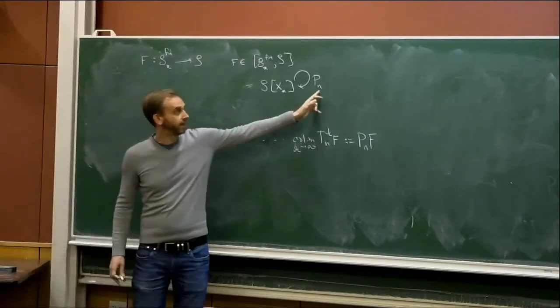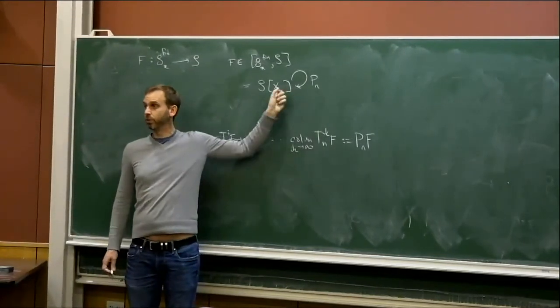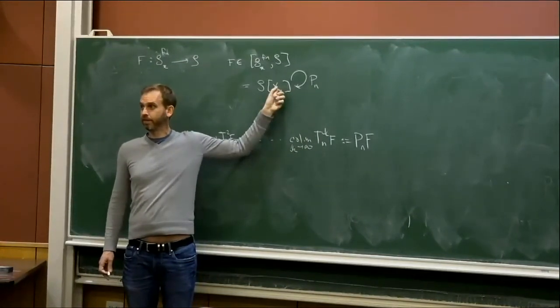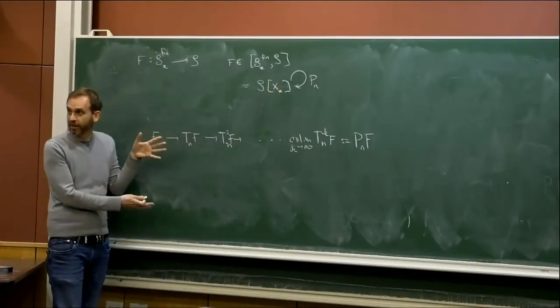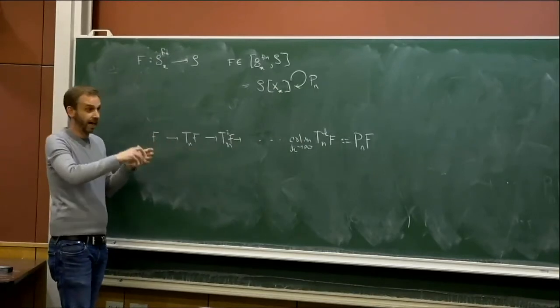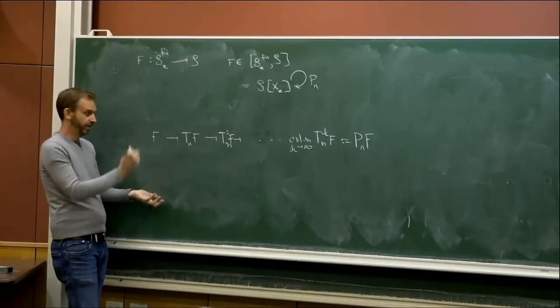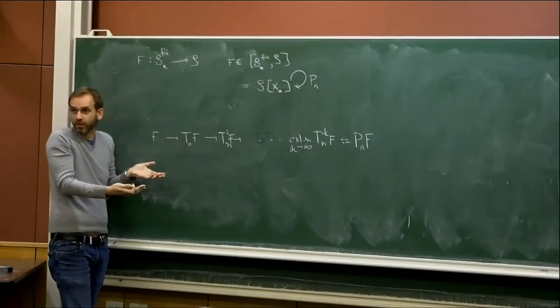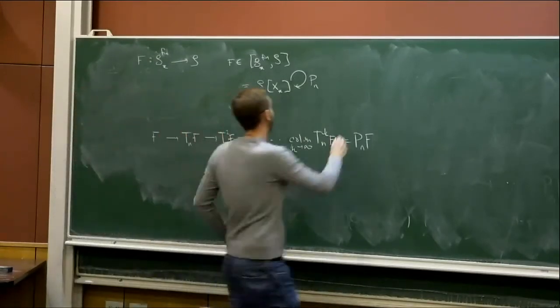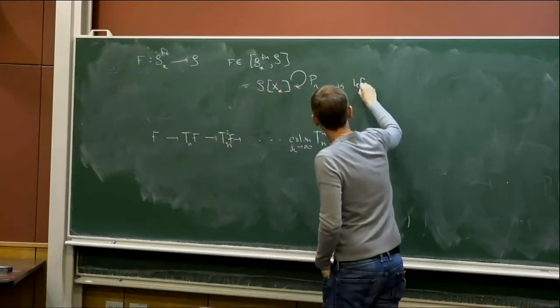That means that Pn itself is left exact, viewed in this functor category. If you take a finite limit of F's and perform this construction, I have a limit in this direction and a directed colimit in this direction, and I can exchange the two. So that says that Pn is left exact.